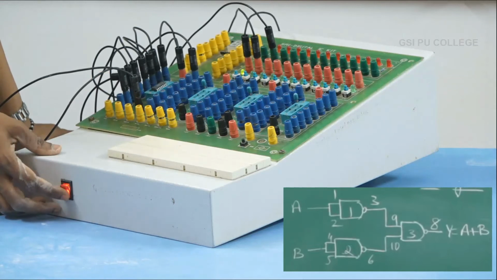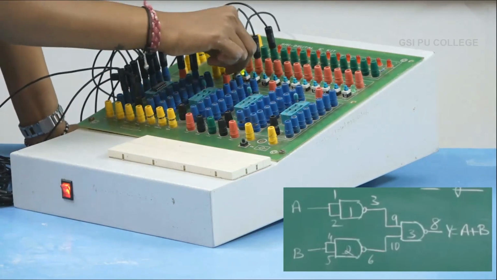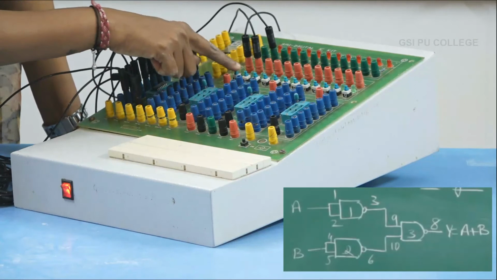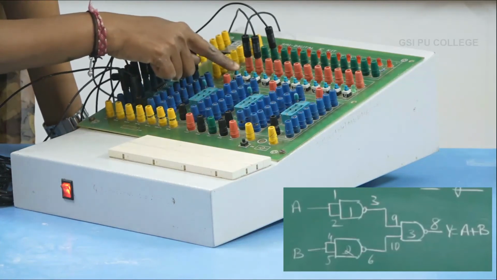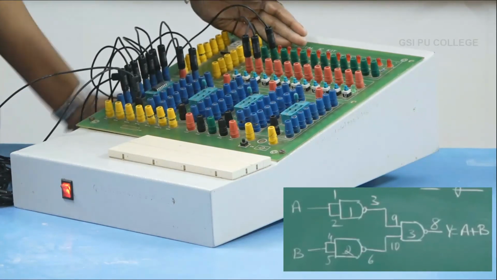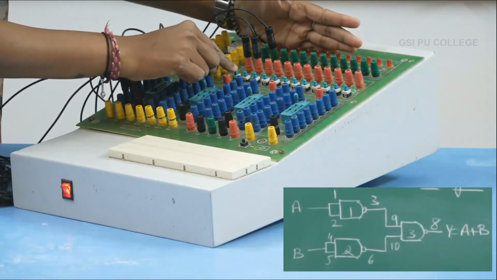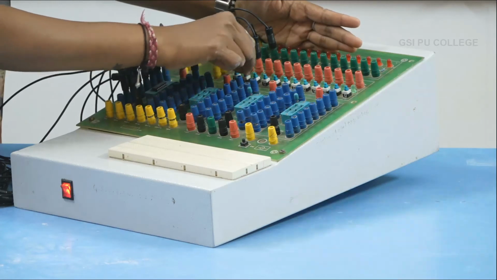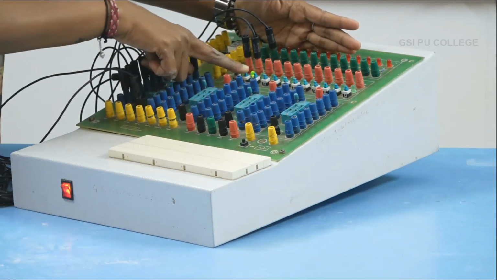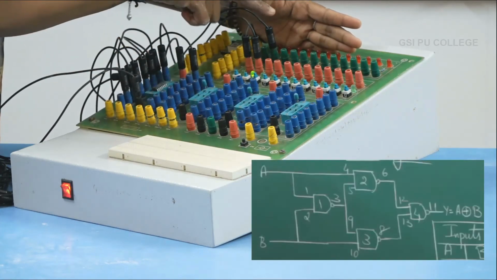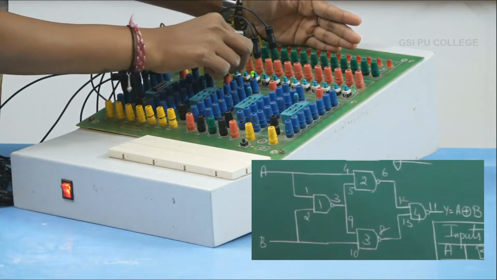Now let us turn on the trainer kit. For the input combination 0 0, the LED is turned off. Now let me check the second combination. A is 0, B is 1. I have turned on B, the LED is still off.